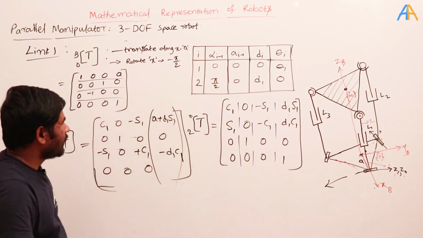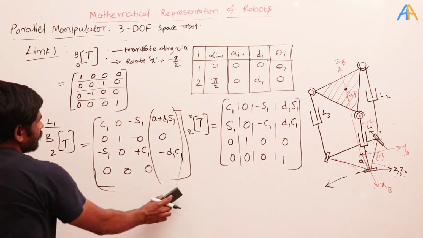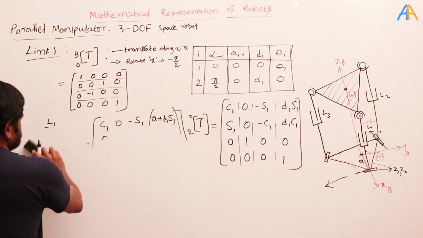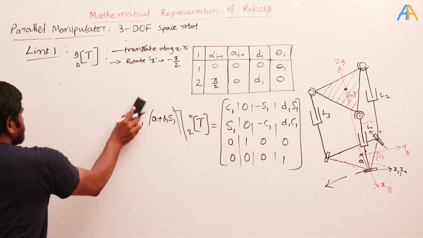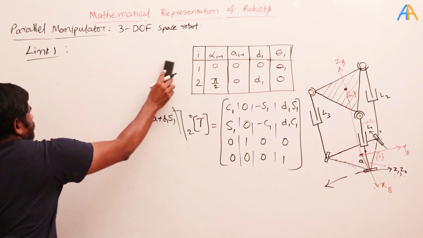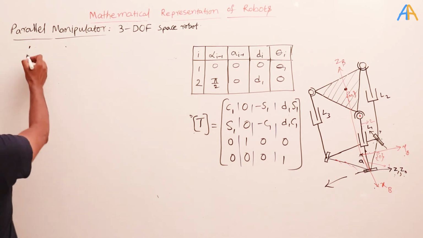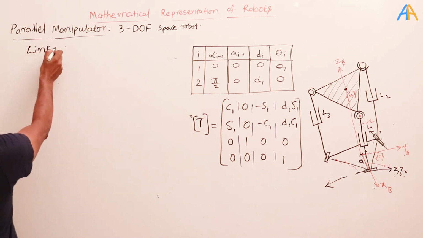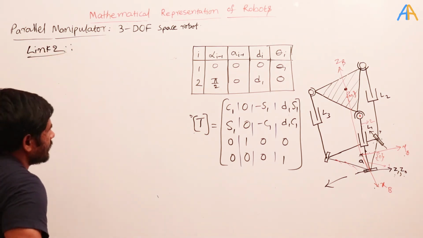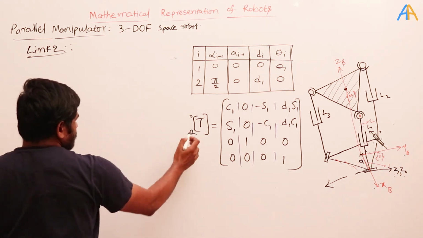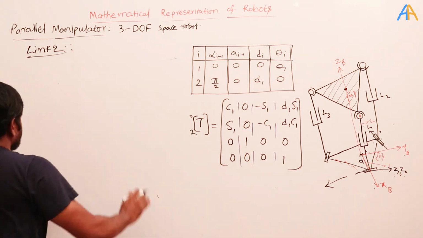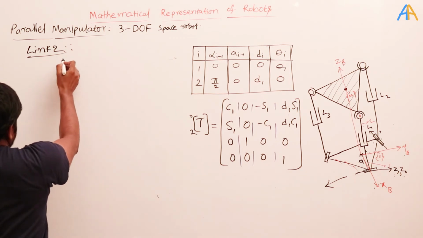Okay, and again I want to find out for link 2. So I found out for link 1. Now I want to find out for link 2. So here this transformation matrix is the same, but the only thing is this changes.